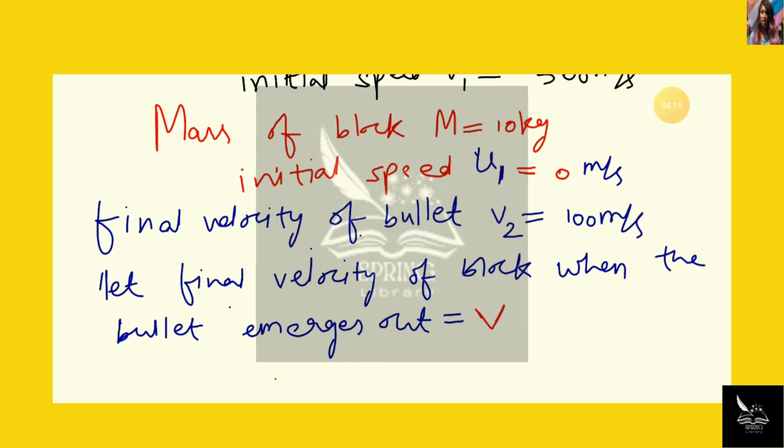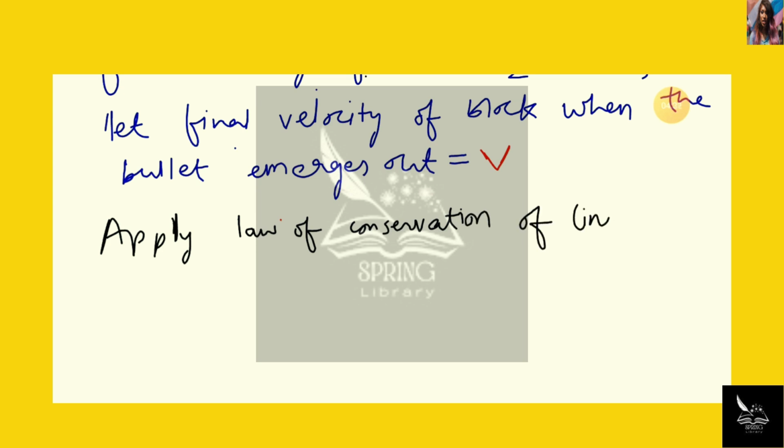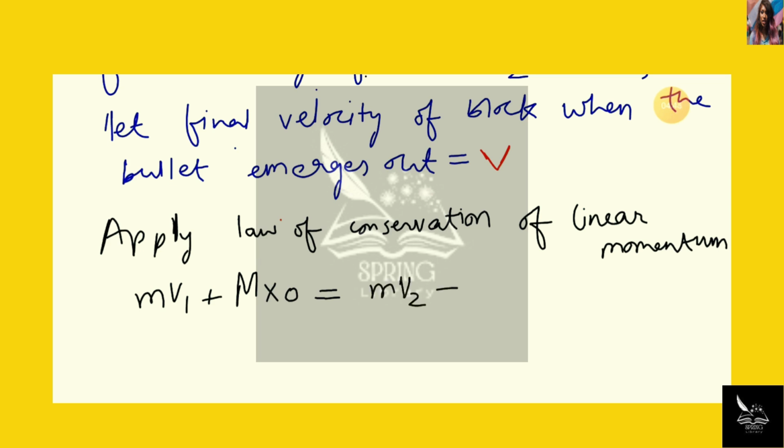So now the next step is to apply conservation of linear momentum. After applying the law of conservation of linear momentum, it will be written as mv1 plus capital M multiplied by 0 is equal to mv2 plus capital M multiplied by v.